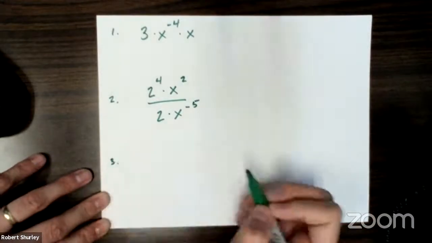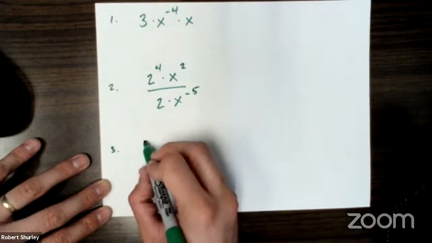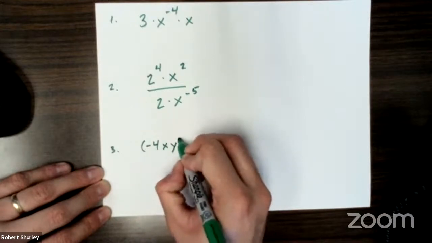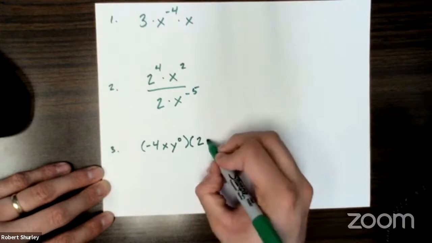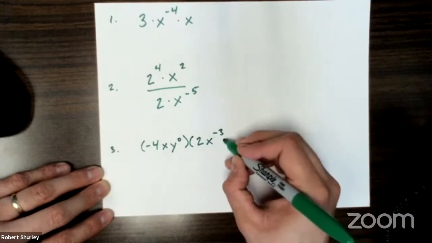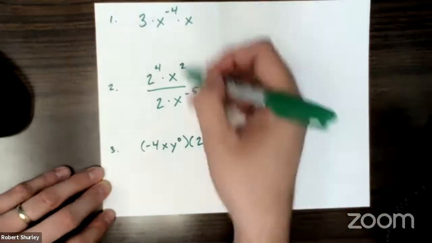Number 3, let's say we've got parentheses negative 4x y to the 0 times 2 x to the negative 3. Yeah, that'll work. I want you to try those 3.